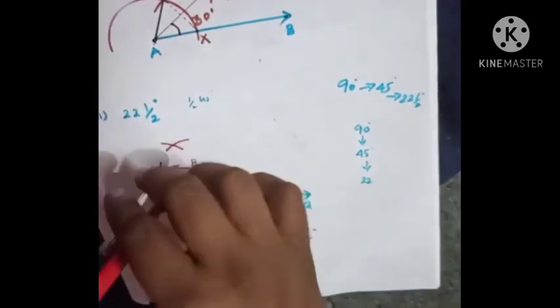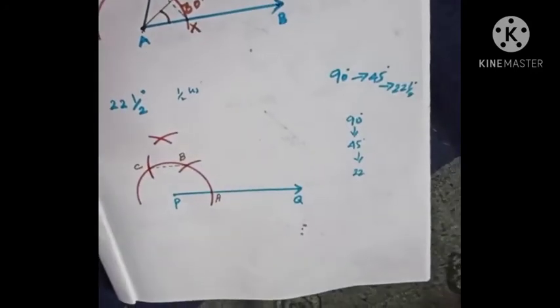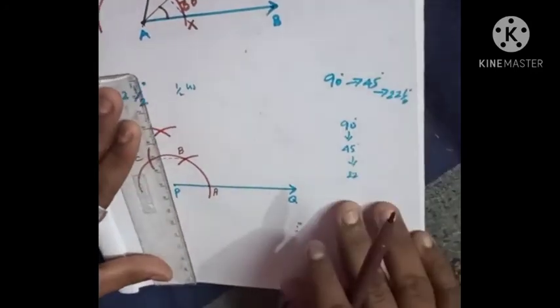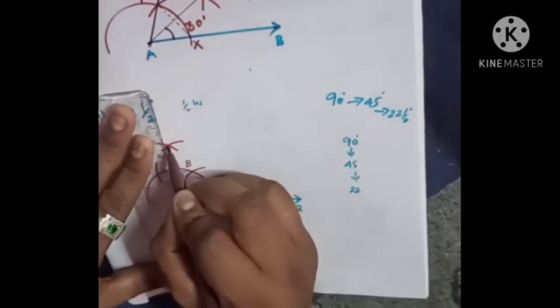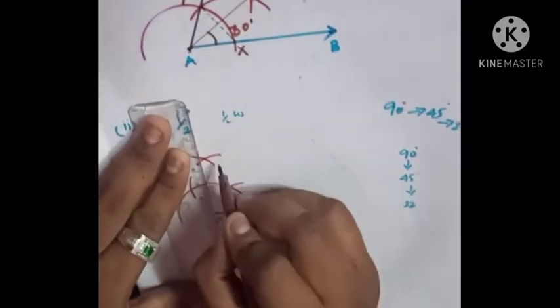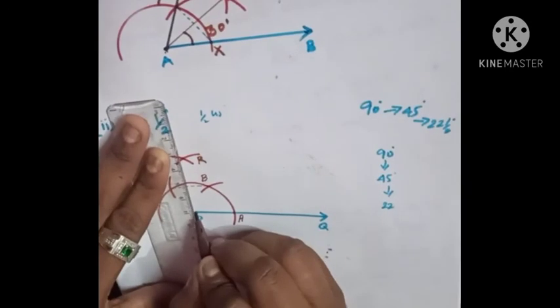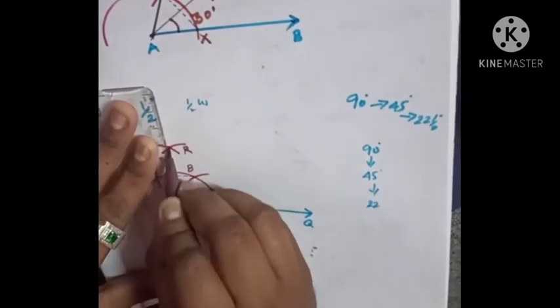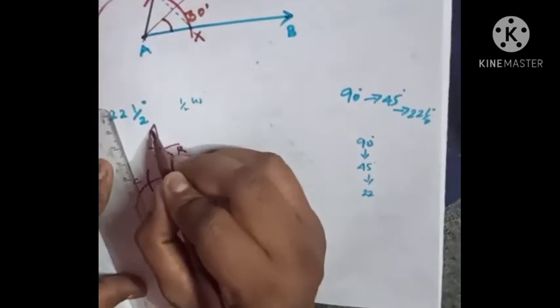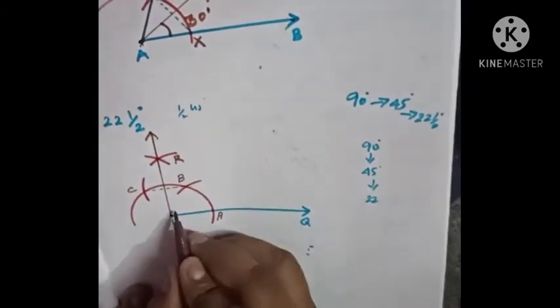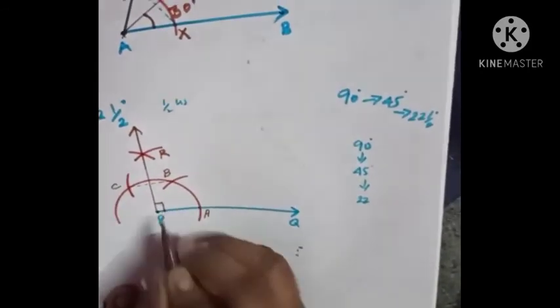Now I join this intersecting point and name it as R. Now I draw the ray PR. So you can see it is 90 degree.